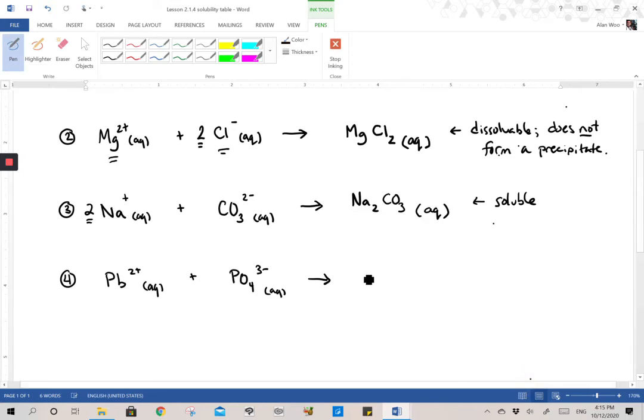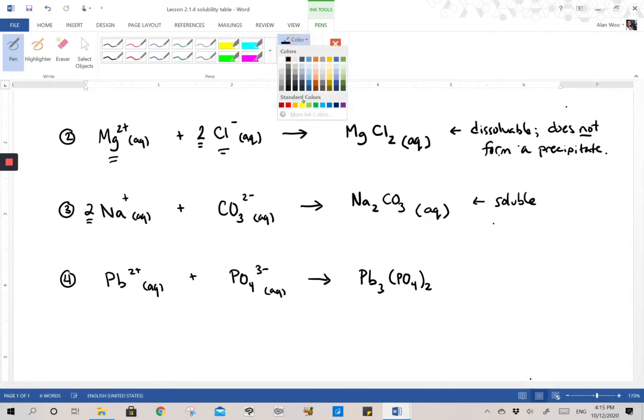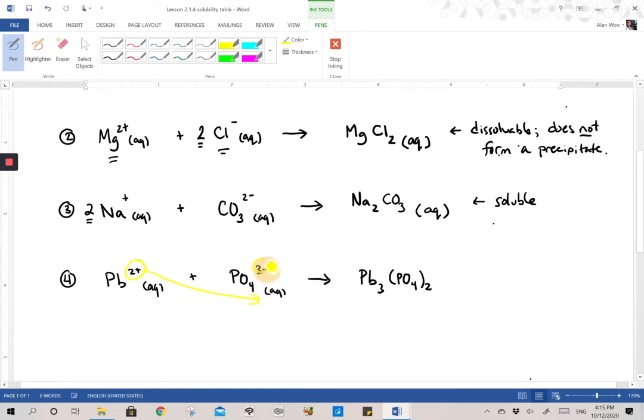So let's get the formula correct. Okay, so we're going to have Pb3 bracket PO4 2. So this goes back to a trick that you guys learned in grade 10, where you basically cross the charges so that you get 3 positive charges and 2 negative 3 charges.